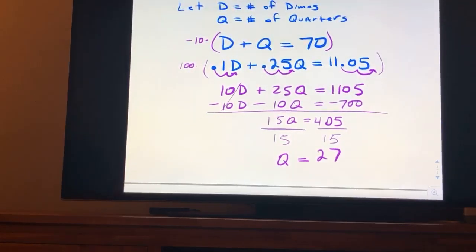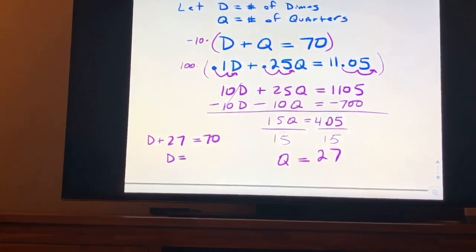Okay, if I know I have 27 quarters, I go back. I'd rather use this one than the money one at this point. If I had 70 altogether, and I already know 27 were quarters, that means I had 43 dimes. So obviously you want to make sure you say a statement of how many coins you actually had. So he has 43 dimes and 27 quarters.